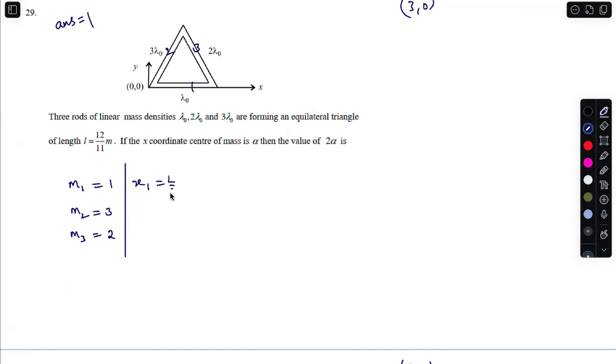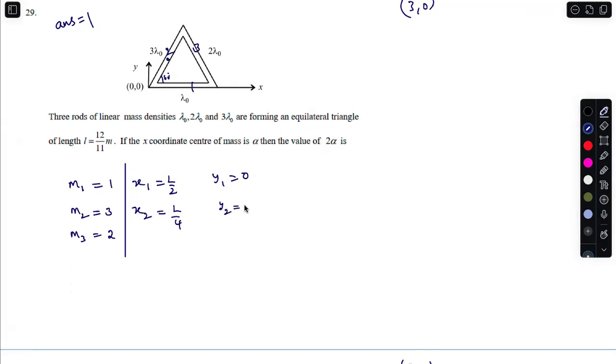X1 is equal to L by 2, Y1 is equal to 0. X2, this is 60 degrees. And remember, this is L by 2, boys. The center of mass location is L by 2, so what is the x coordinate? L by 4.